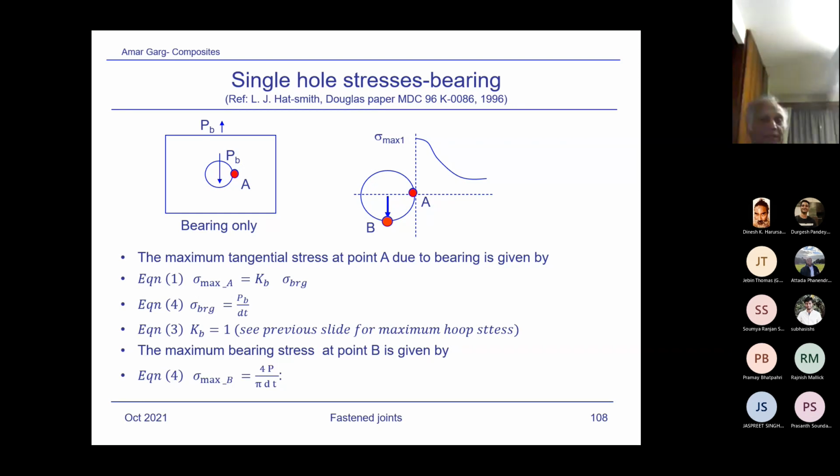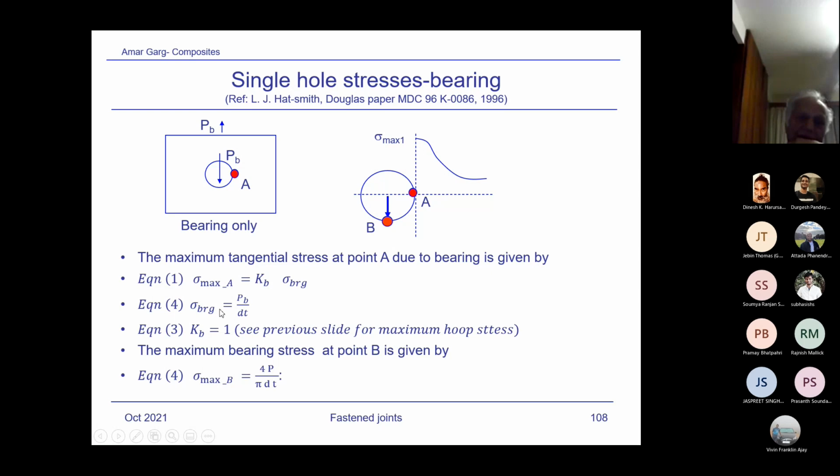After this, if we are trying to analyze this single hole stressing bearing, PB is being reacted by this one, so that means PB at B and A. What are the maximum stresses? Sigma max A, we consider KB into sigma bearing. So KB is a stress concentration factor for the bearing, and sigma bearing is PB by dt, the bearing stress, which we showed in the previous slide.